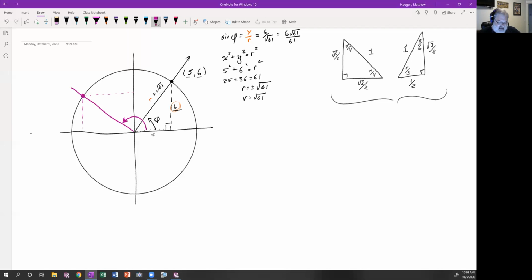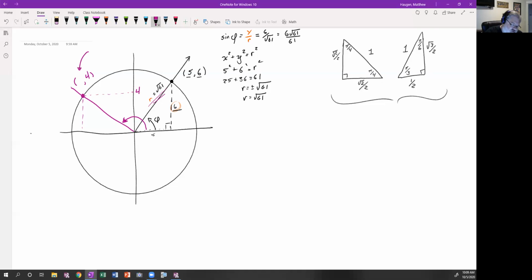So let's say, for sake of argument here, let's say we knew this y value here was 4. So that point is something, 4, still on this circle of radius square root of 61.